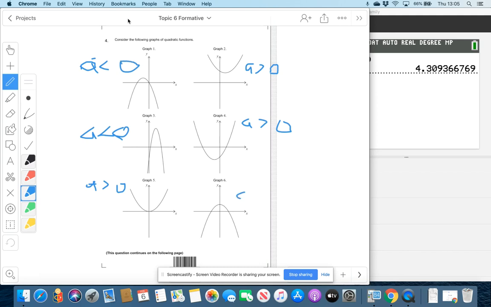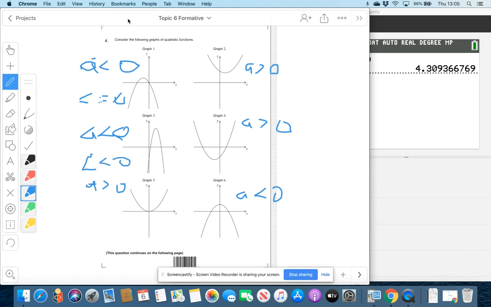All right, and then C is the Y-intercept, as we saw in the other questions, so we can just look at where the Y-intercept is here. C is equal to 0. Here C is less than 0.